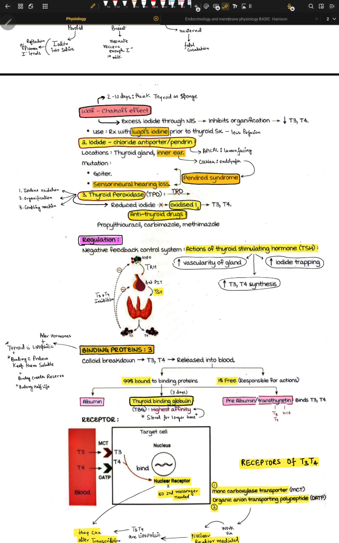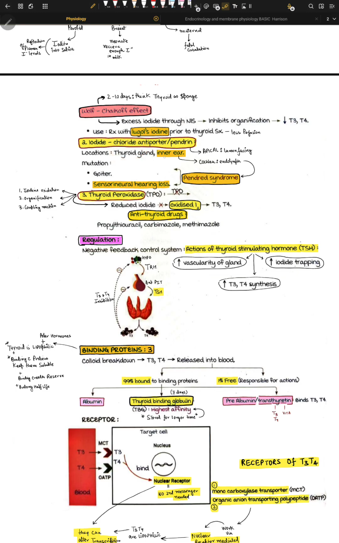Okay, it exchanges chloride with iodide. It pushes the iodide outside the extracellular membrane, and it pushes chloride inside the cell, right? So that we can push iodide, right? So that's the concept of this, and we call it pendrin, right? Now this pendrin is present at the apical side, right? It's lumen facing, right?